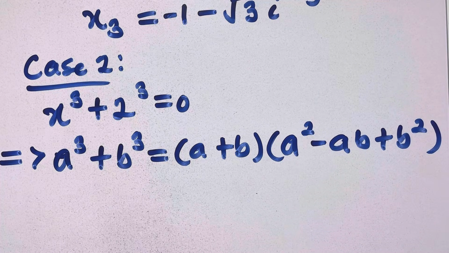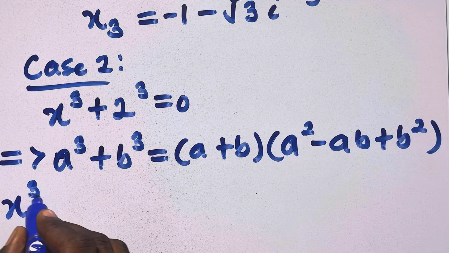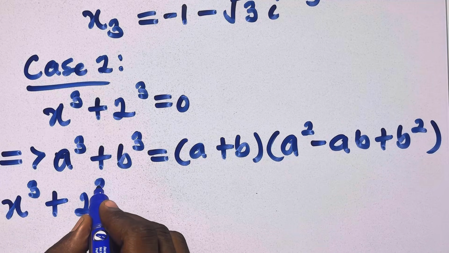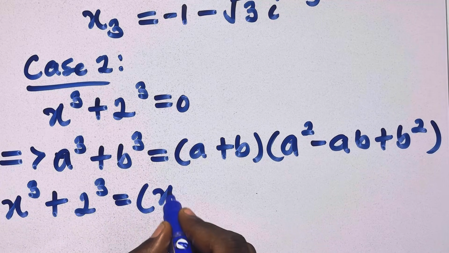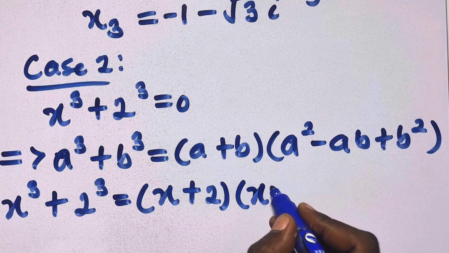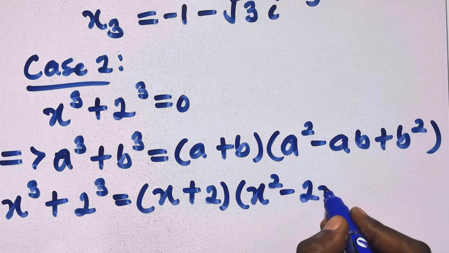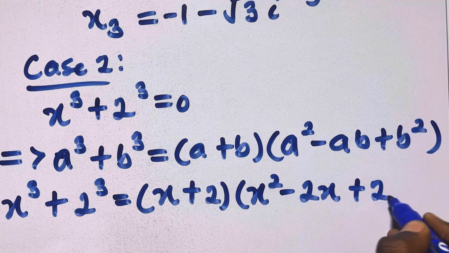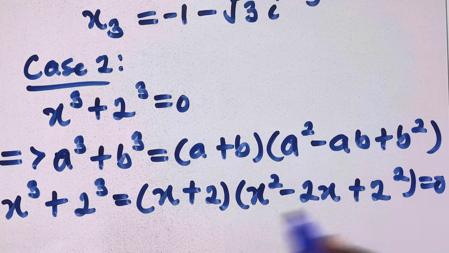I hope you are following. So for this expression, we have x raised to power 3 plus 2 raised to power 3. This equals x plus 2 multiplied by x squared minus 2x plus 2 raised to power 2 equals 0.